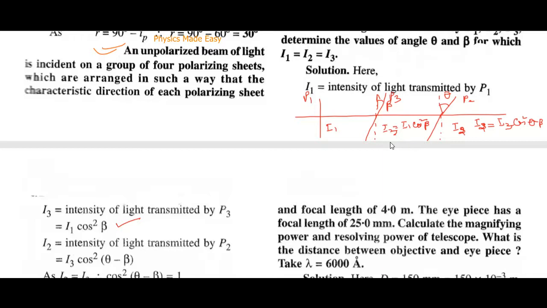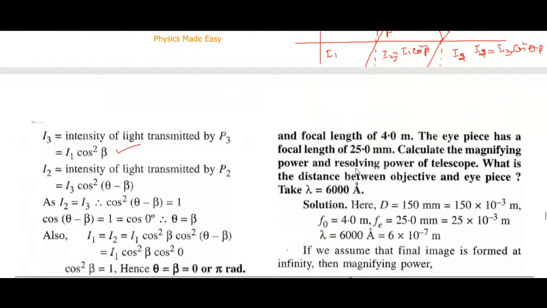Here I1 cos square beta, because beta is the angle here. And now in the next part we have got I2. I2 is I3 cos square theta minus beta. Now the condition is both of them are equal. Simply if both of them are equal, what do we have?